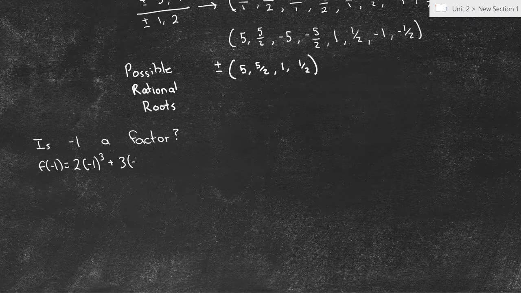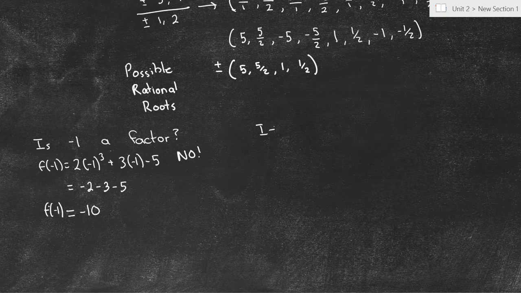So negative 1 cubed is negative 1, so we get negative 2 minus 3 minus 5. That equals negative 10. So f of negative 1 is negative 10, which does not equal 0, so no. Negative 1 is not a factor.